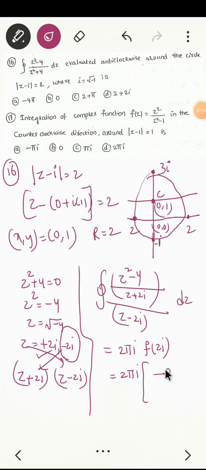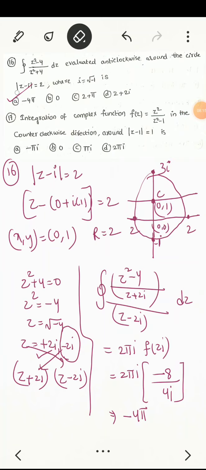Minus 8 total, minus 8 by 4i. 2i plus 2i is 4i. Then the i cancels, 2 ones are 2, 2 twos are 4. Total answer is minus 4 pi. Option A is correct.